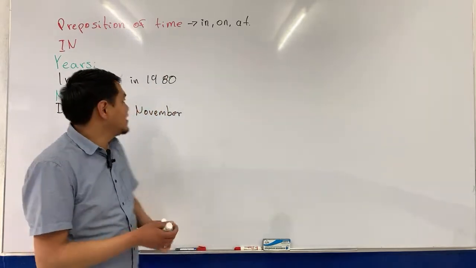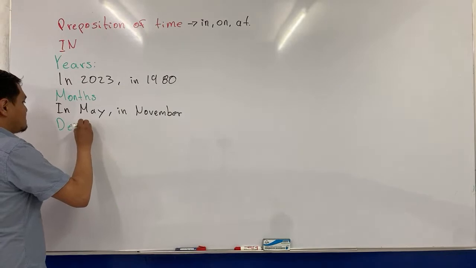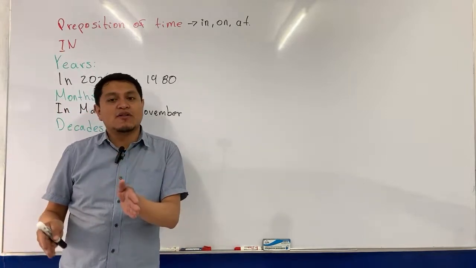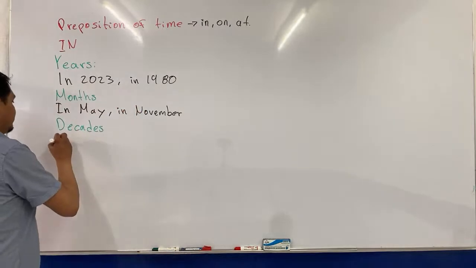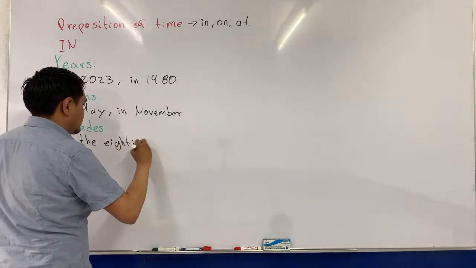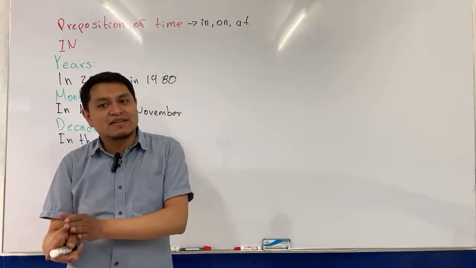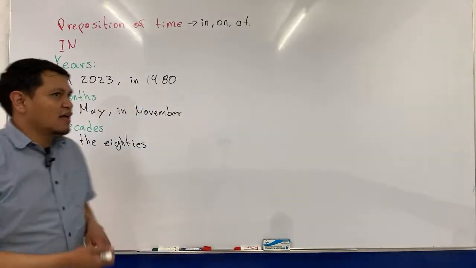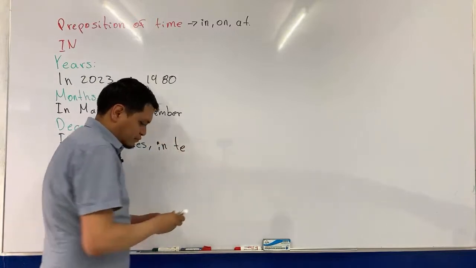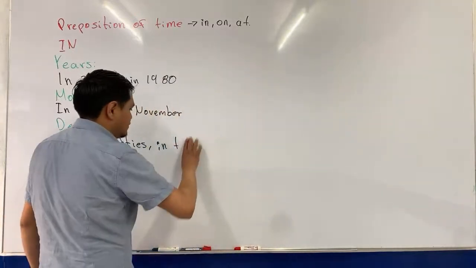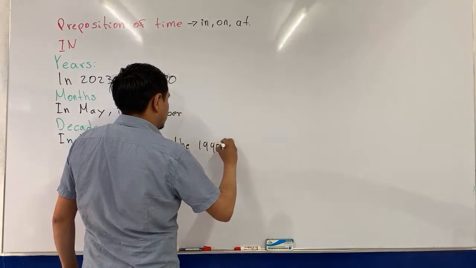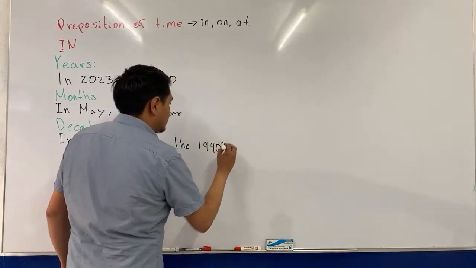Then decades, right? Decades. The 90s, the 80s, for example, in the 80s. In the 90s.